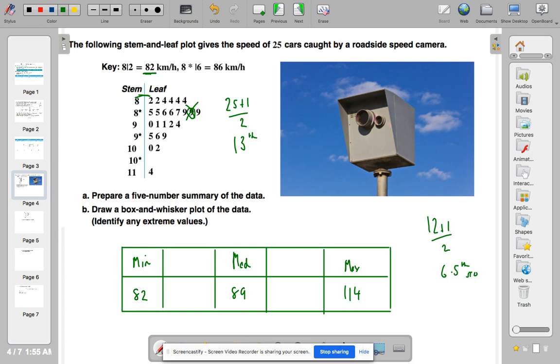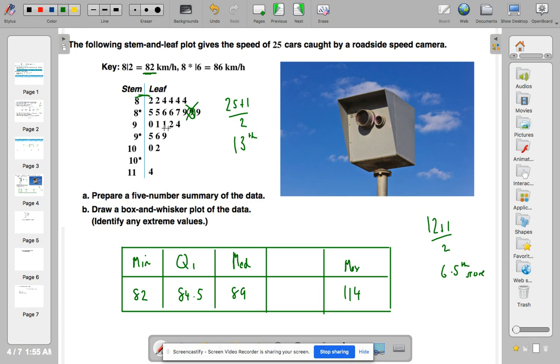So we're looking for halfway between the 6th and 7th score. 1, 2, 3, 4, 5, 6. And the 7th one is 85. So it's halfway between 84 and 85. That's 84.5. Okay, so that's our lower quartile, Q1 if you like.